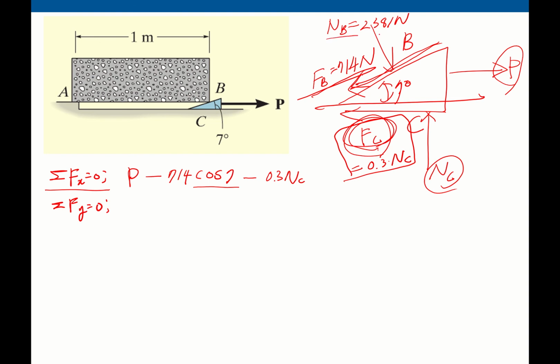We have another x-axis component which is very tiny, but we have to check. This is 7 degrees. So what was this? This one is positive 2,381 sine 7 degrees. So this one should be equal to 0.